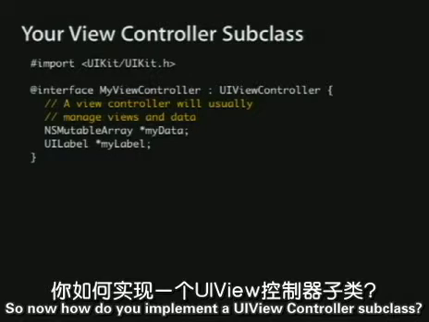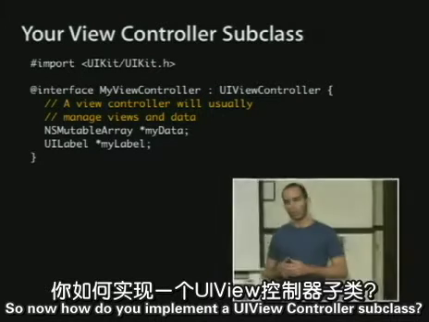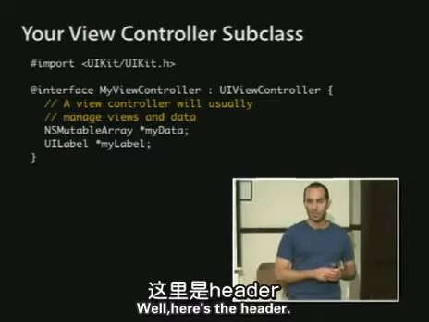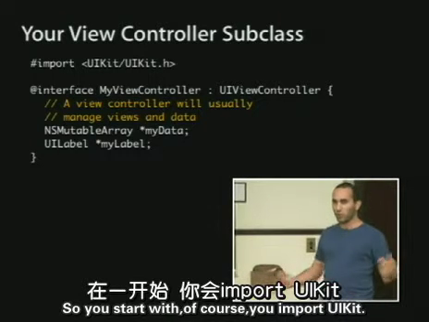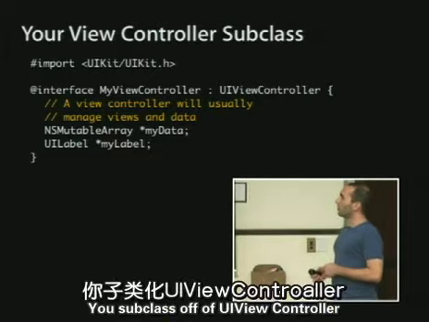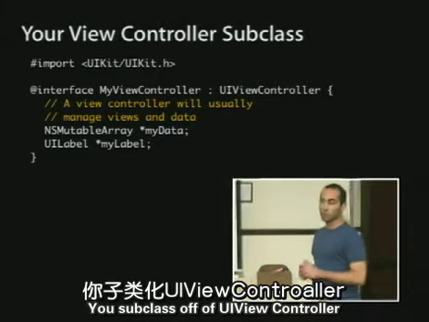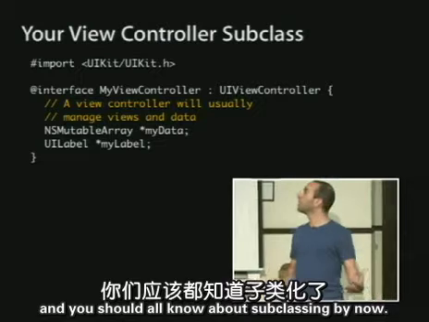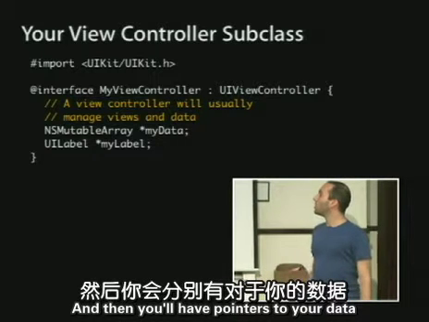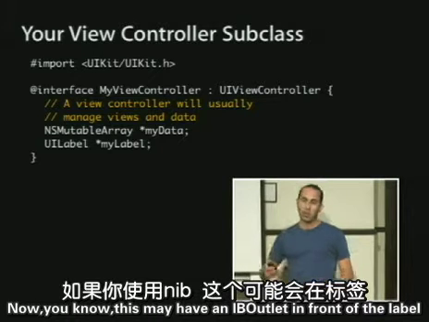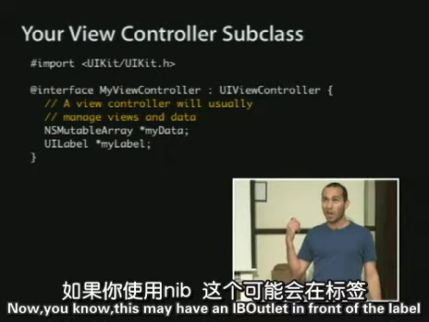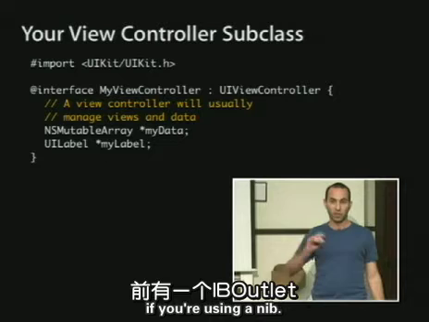So now, how do you implement a UIViewController subclass? Well, here's the header. So you start with, of course, you import UIKit. You subclass off of UIViewController, and you should all know about subclassing by now. And then you'll have pointers to your data and pointers to your label. Now, this may have an IBOutlet in front of the label if you're using a nib.